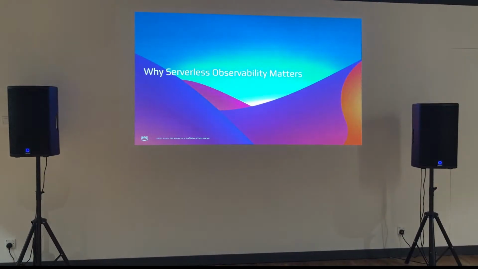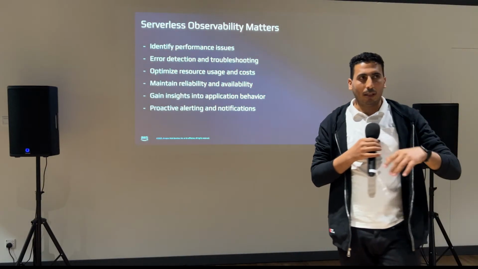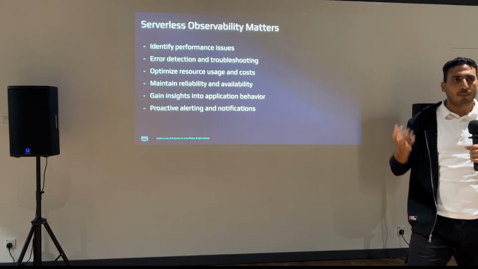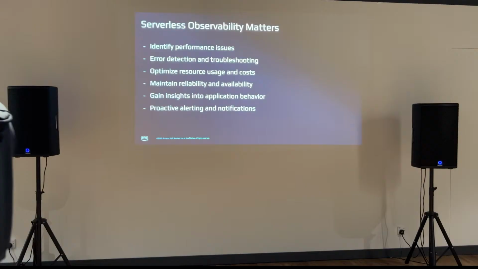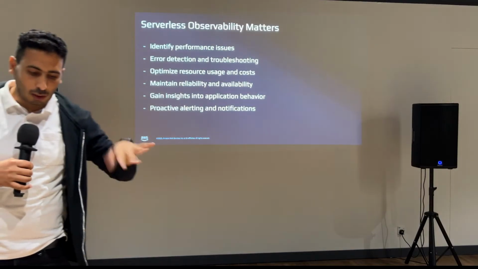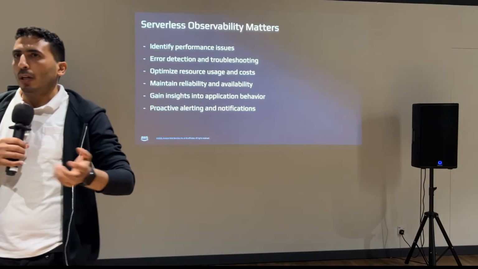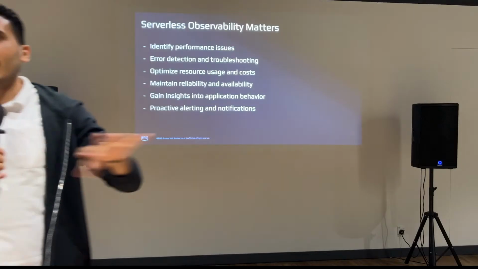Okay, so serverless quickly. Many of you know that, so I'll go through it quickly. We need to identify performance issues, right? We need to make sure it's performing. We need error detection, so we don't have customer complaints. We're optimizing resources. Because we are using serverless, it doesn't mean we give up or don't need to manage anything anymore.